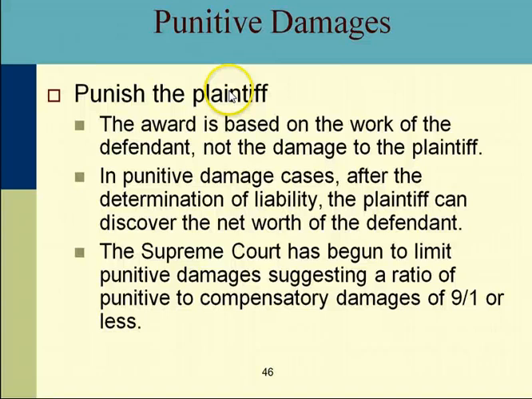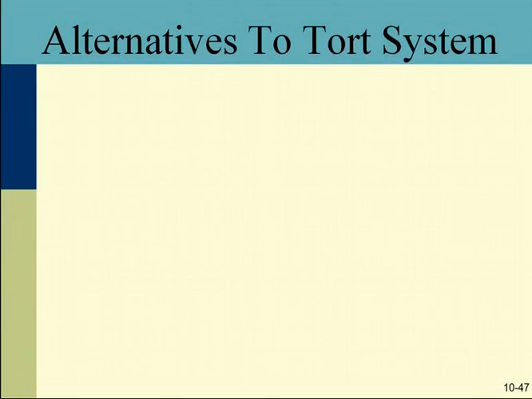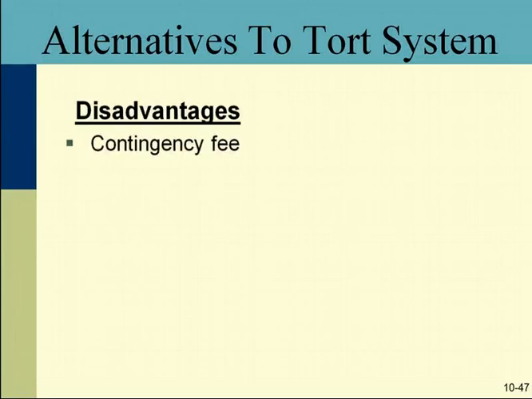And the purpose is to punish the defendant for what they did. The Supreme Court has started limiting that to 9-to-1, although you hear some really high cases, and that's why attorneys love to get the deep pockets. So punitive damages are based on the defendant's net worth, not the damage to themselves. There are alternatives to the tort system.